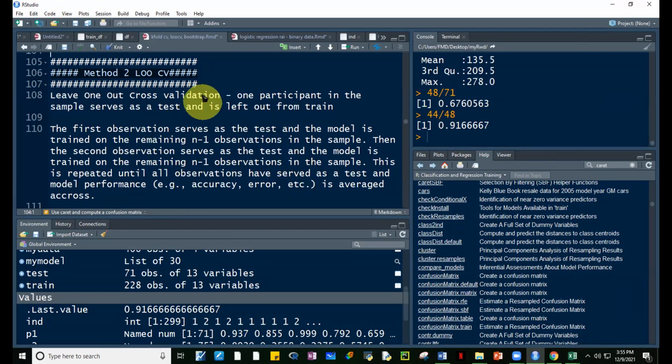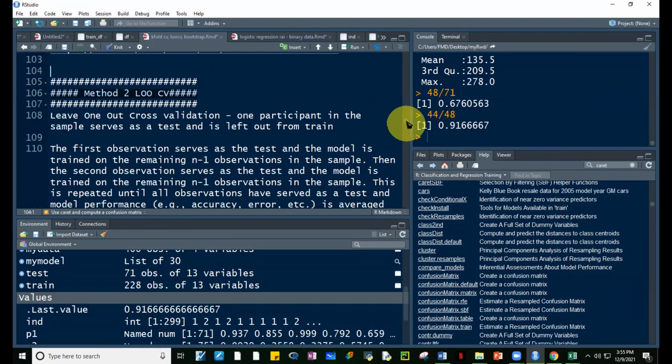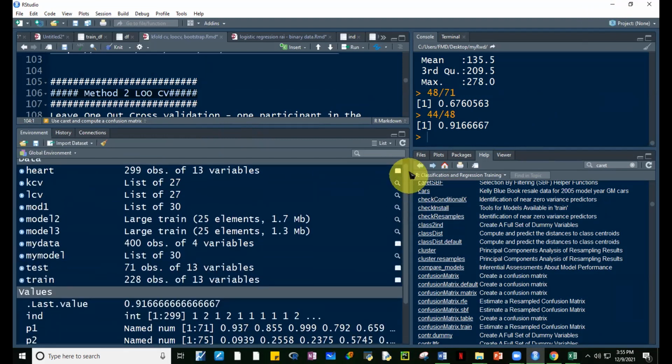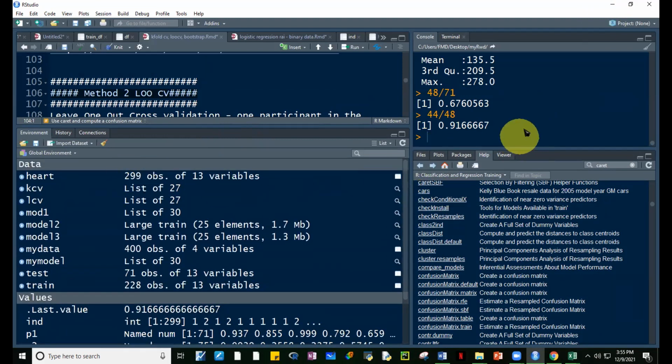Okay, so di ba ito guys, hindi natin i-split yung data natin. How is this done? Leave one out. Ang ginagawa dito guys, okay, since we have 299, di ba? 299 yung observations natin. If we take a look at our data set, yung heart, 299 observations.